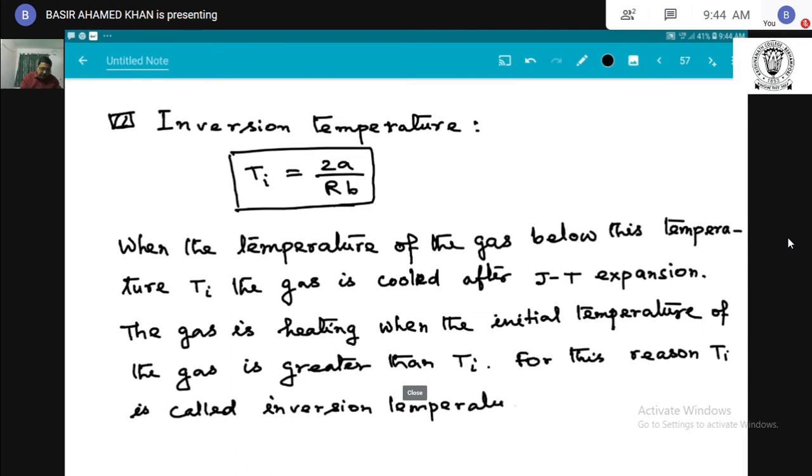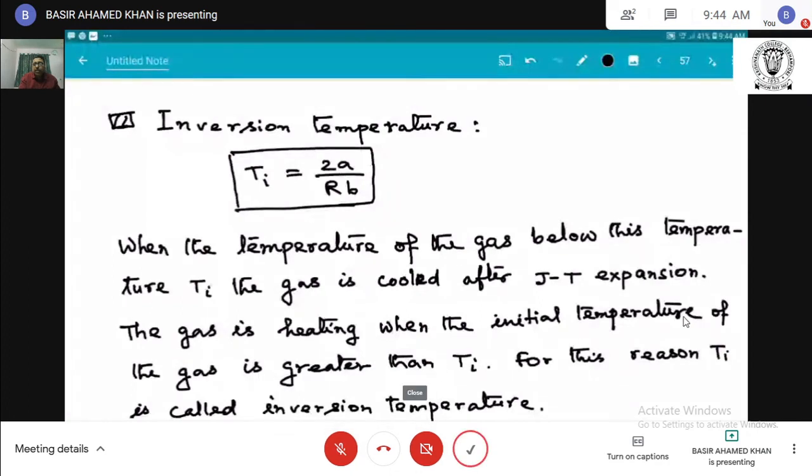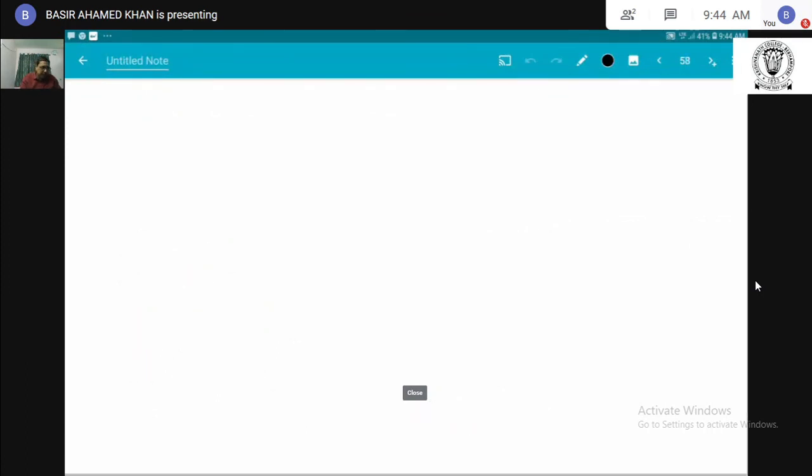And if the initial temperature of the gas is equal to the inversion temperature, then there will be no change of temperature in JT expansion.